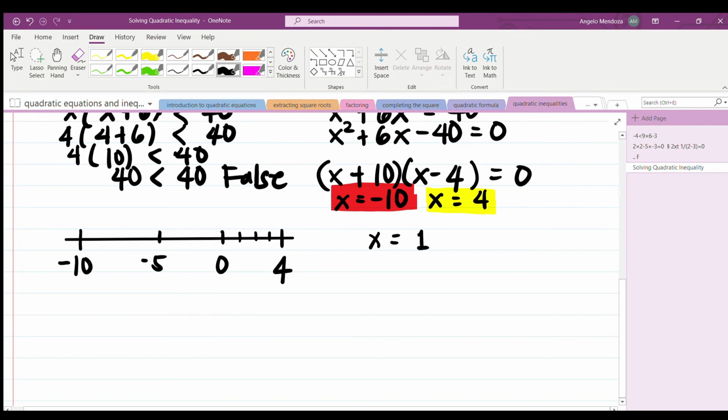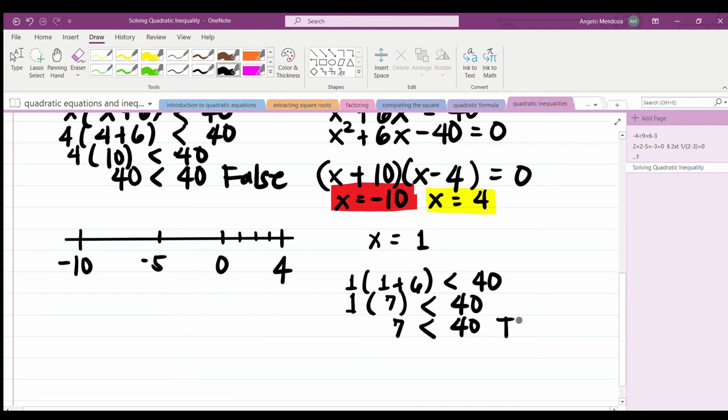Using the inequality, you have 1 times 1 plus 6 less than 40. 1 times the quantity of 1 plus 6, so that's 7, is less than 40. 1 times 7 is less than 40. So this is true. Let us try with 2.